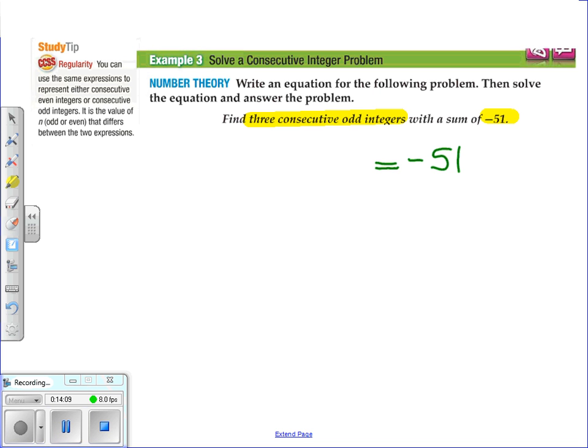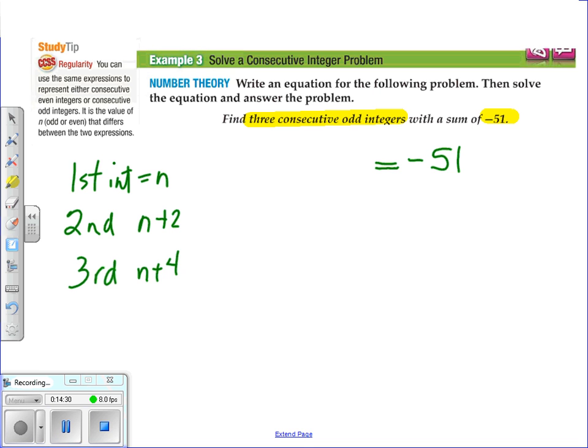What's our first integer going to be? Let's call our first integer n, all right? Our second integer is going to be n plus 2. And our third integer is going to be n plus 4. So if we add 3 consecutive integers, we're going to get negative 51.